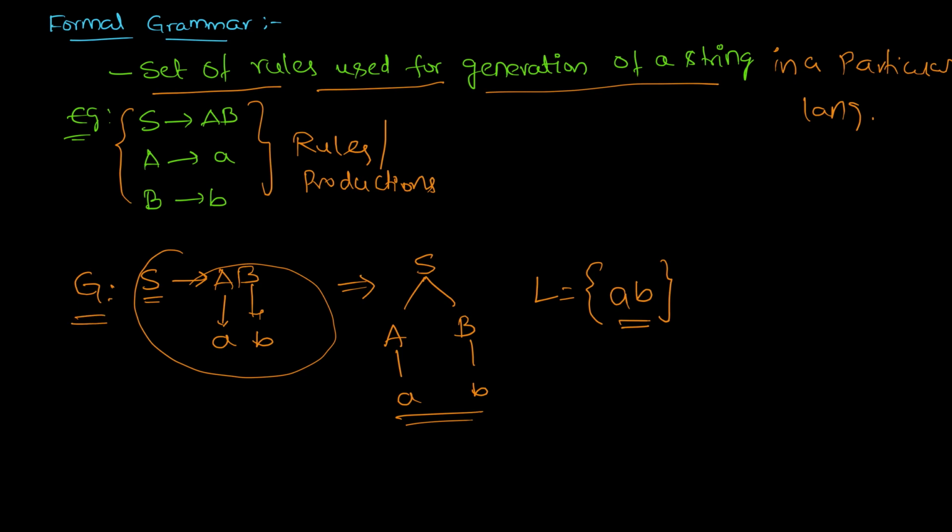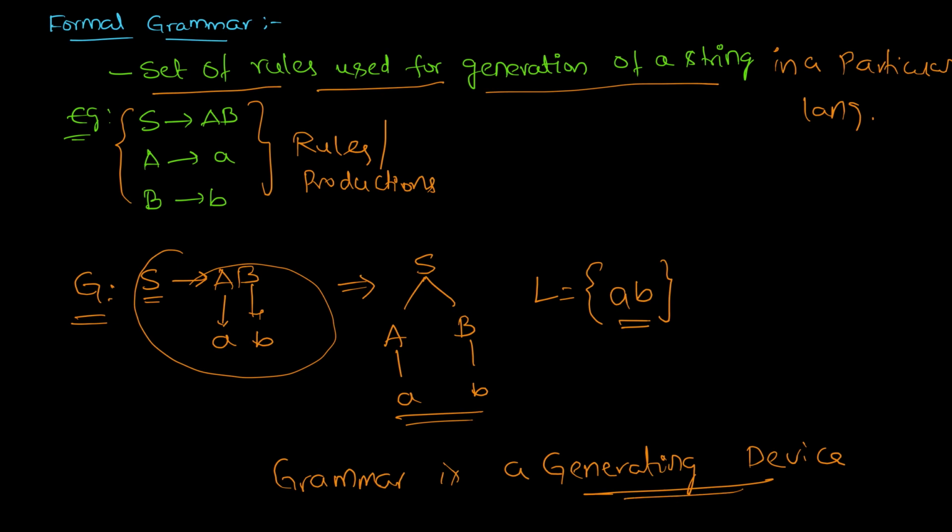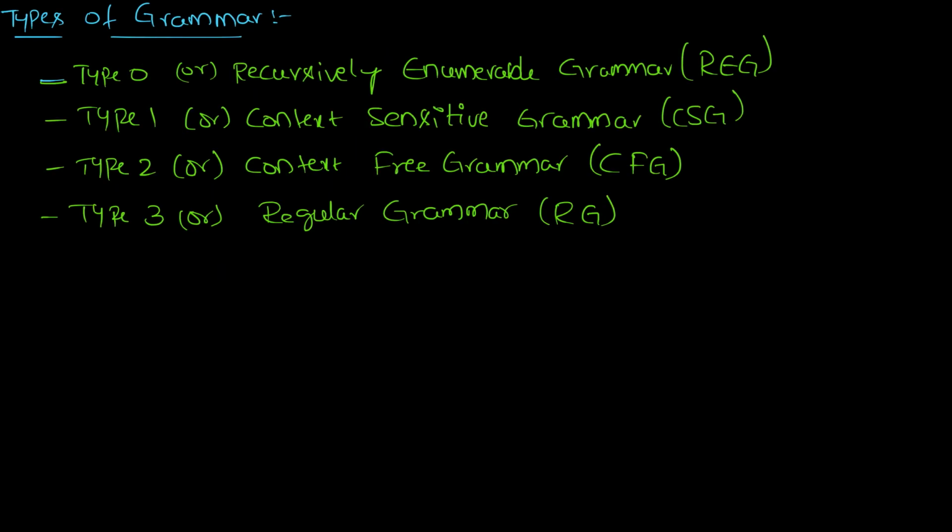So a grammar is a generating device. Since we are generating a set of strings in the language, we call the grammar a generating device. Let's look at all the types of grammars.